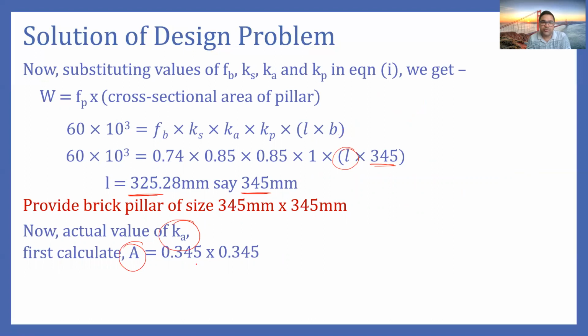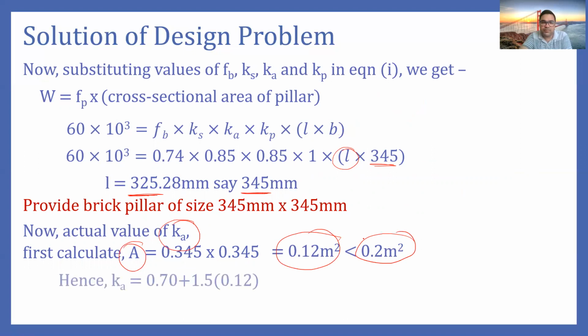So this will be 0.345 multiplied by 0.345. We get the area as 0.12 meter square, which is less than 0.2 meter square. Therefore the formula of Ka is applicable in this case. Putting the value of A, we get the value of Ka as 0.88.